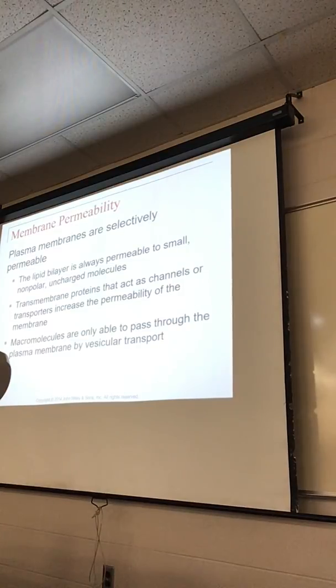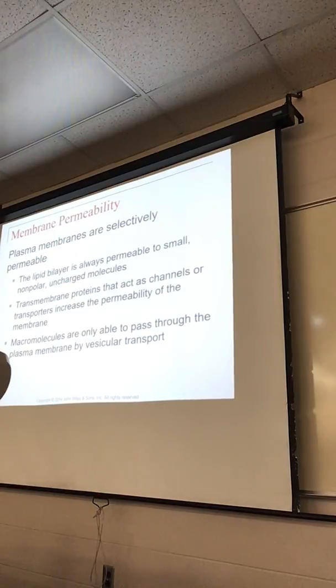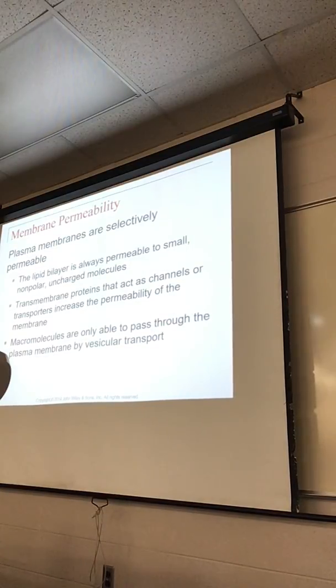So I'm going to make 3 categories here that we can talk about. If something's going to pass through the membrane, some things can pass through between phospholipids really easy. Easy, hard, or not at all.